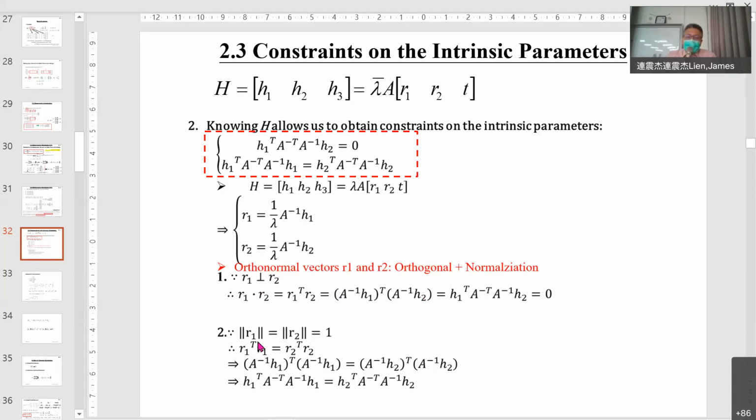The second is that each axis should be a unit vector. Each axis has to be a unit vector, its own square equals 1. So there are two constraints.